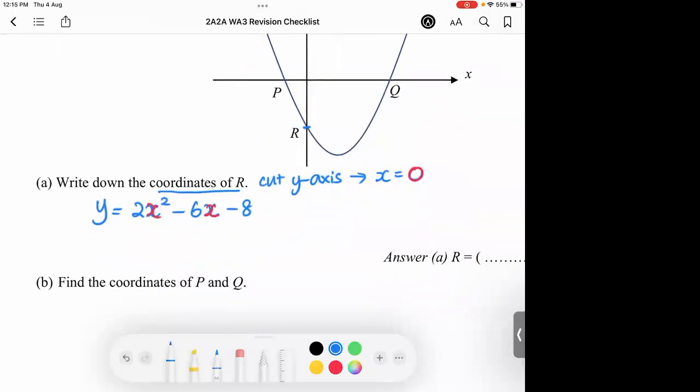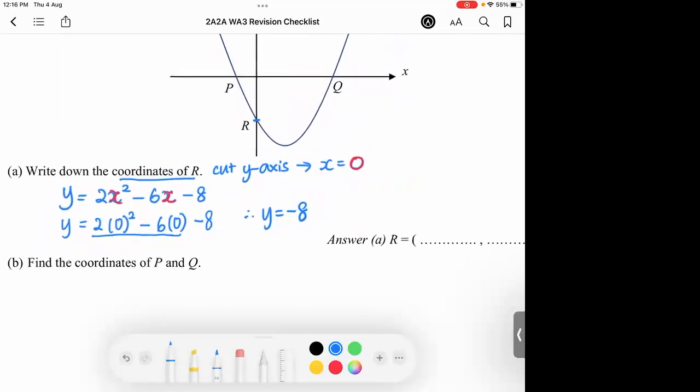So the x now becomes 0. So y equals 2 times 0 squared. Anything times 0 is still 0, right? Minus 6 times 0, 0 is still 0, right? Only left what number? All these become 0 already. Only left the number -8. But is this the answer? No. Why?